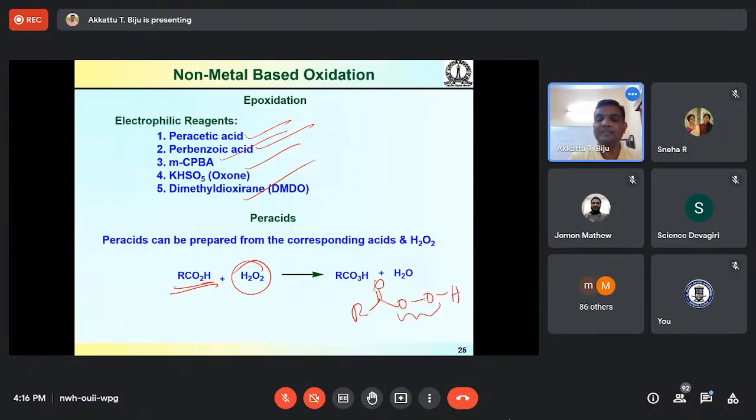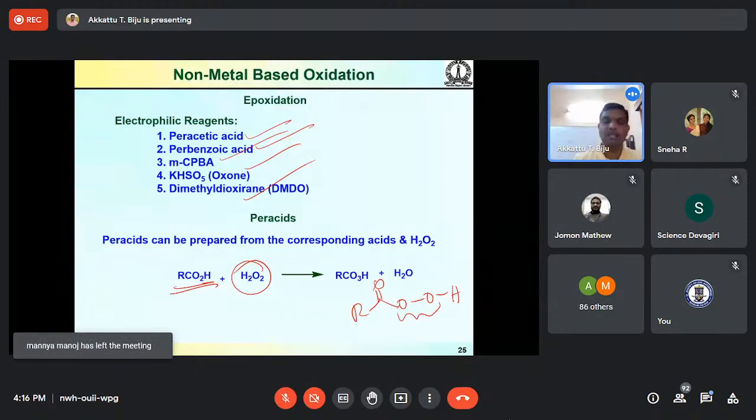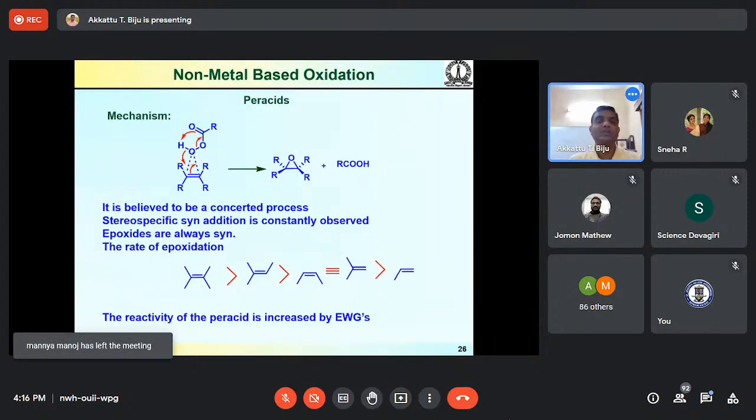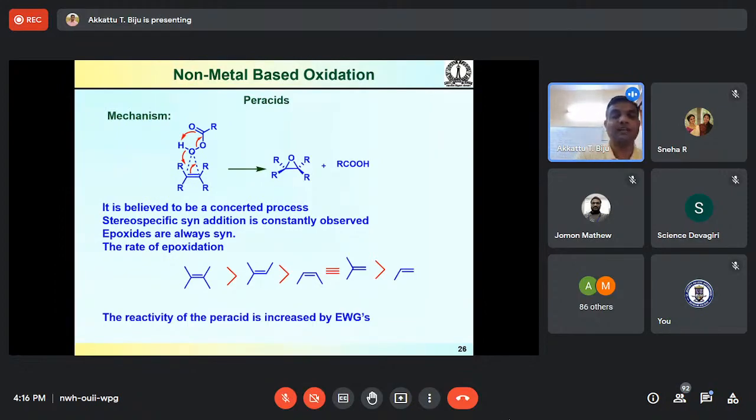In the peracid, this O-O bond is very weak, and that gives the enhanced reactivity of all peracids. If we take an electron-rich or electron-neutral olefin, the reaction proceeds through a typical butterfly-type mechanism, a concerted process using the peracid moiety.